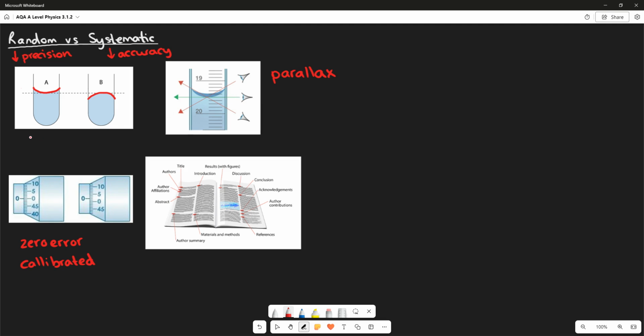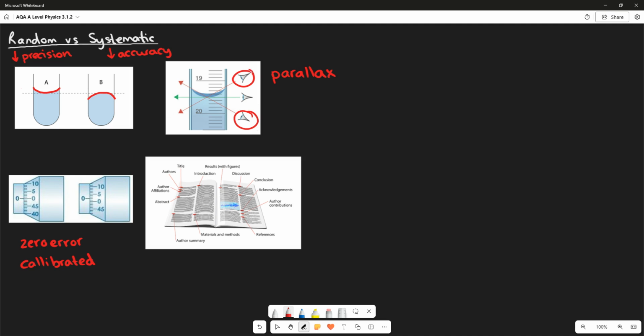If your eye line is too high and you're looking down on the object, then the scale and the object that you're comparing it to are going to be slightly offset from your point of view. Same thing if you're too low, you're going to be getting a different reading. So you want to avoid a parallax error because that will introduce a systematic error.